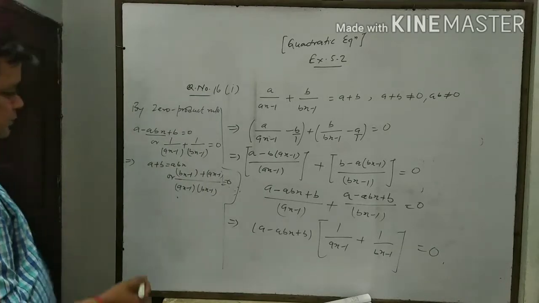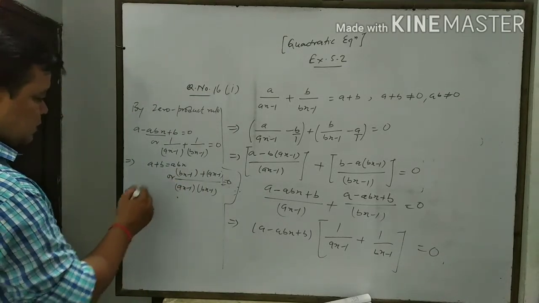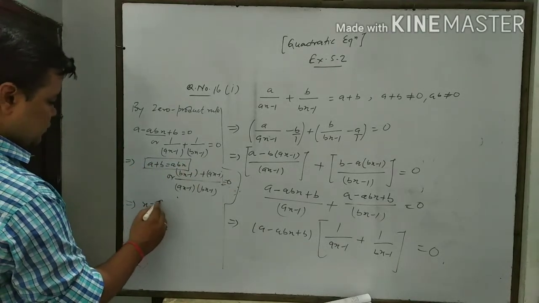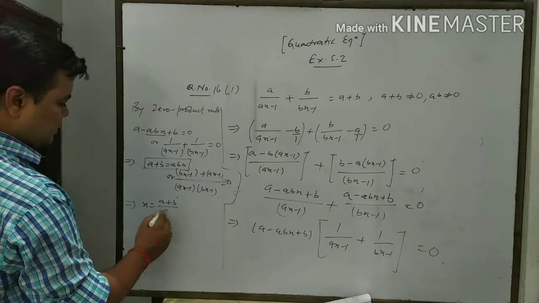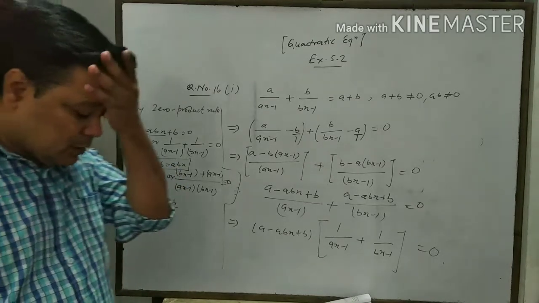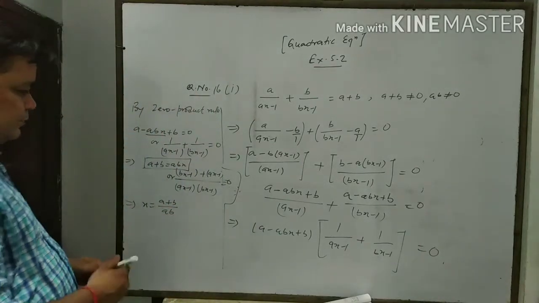Okay? Means first this or this. Again, from this, we can write x is equal to a plus b upon ab. The value of x will be a plus b upon ab.